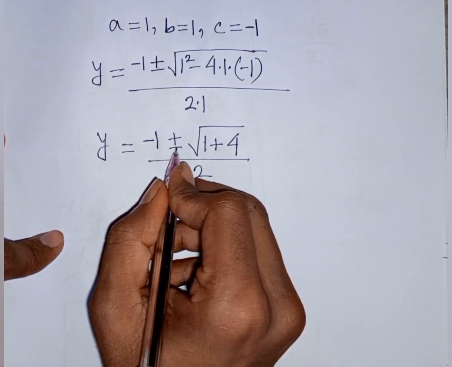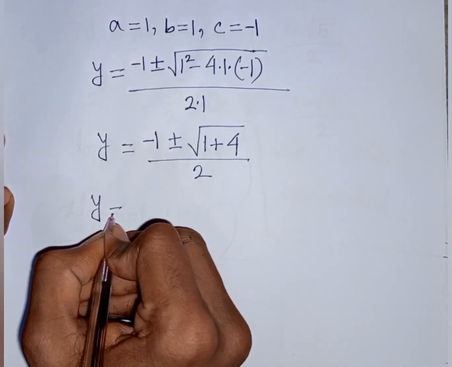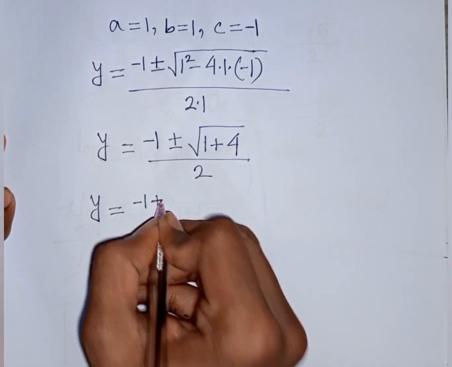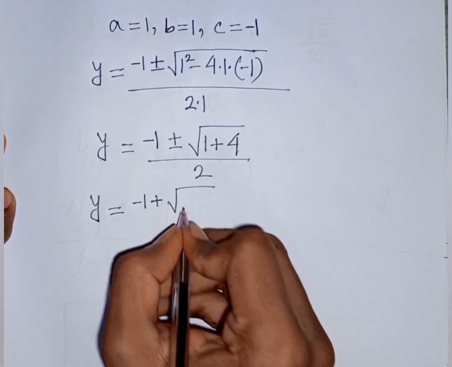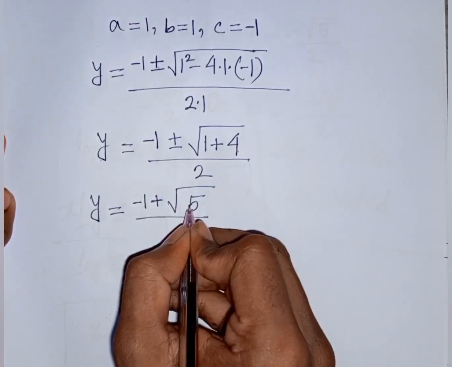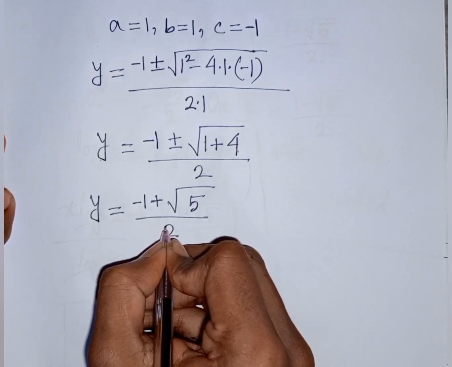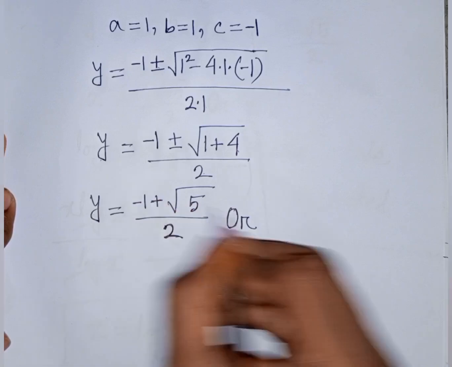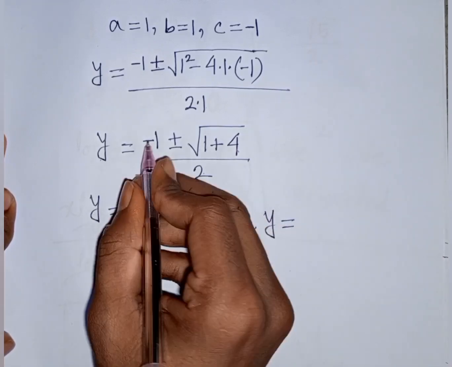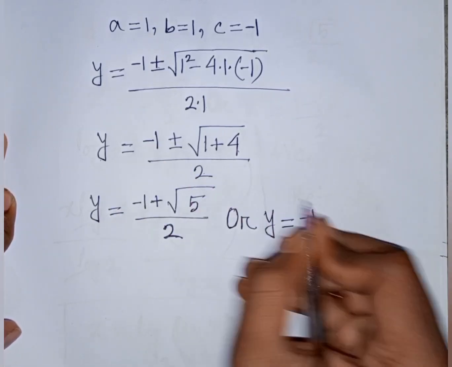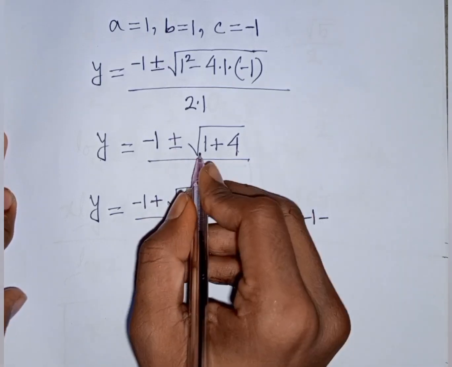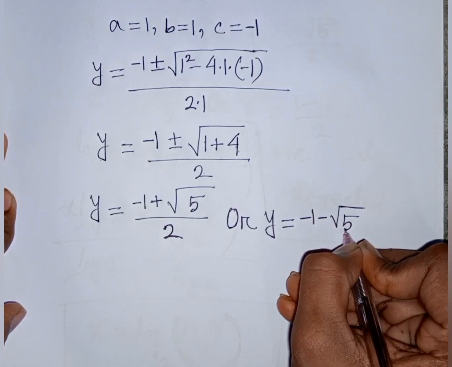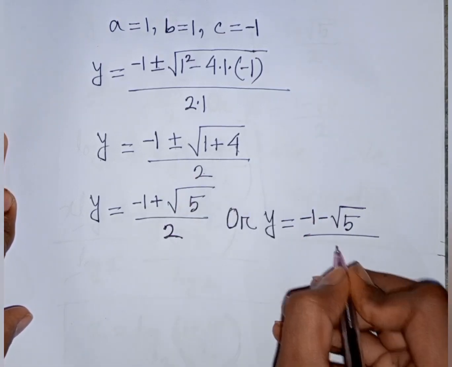Now we see here two cases, so you can write here y is equal to minus 1 plus square root of 1 plus 4, that means it will be 5, then divided by 2, or y is equal to minus 1 minus square root of 1 plus 4, that means it will be 5, then divided by 2.